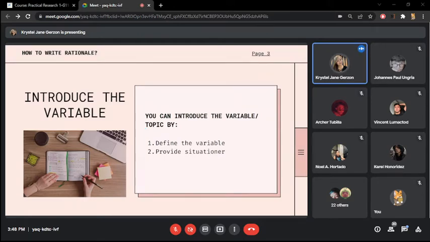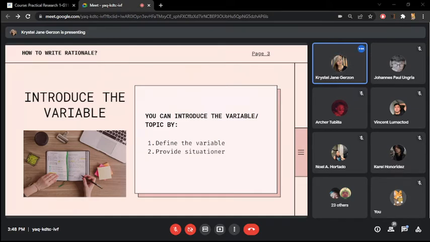By the way, when we say situationer, guys, it's more like you are trying to tell us or describe the current situation that we are in. For example, there is a Cebu, or you are trying to set up the mood of your writing so that it would be ready to discuss your argument, or ready to discuss the topic.